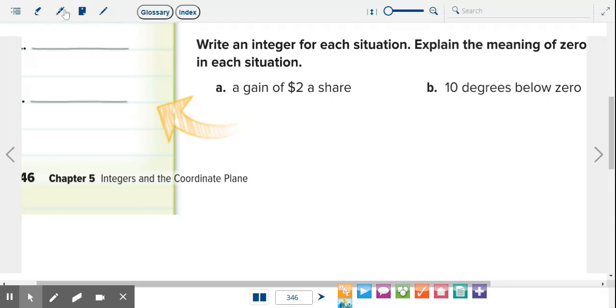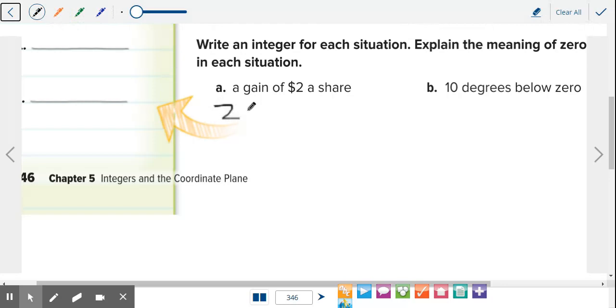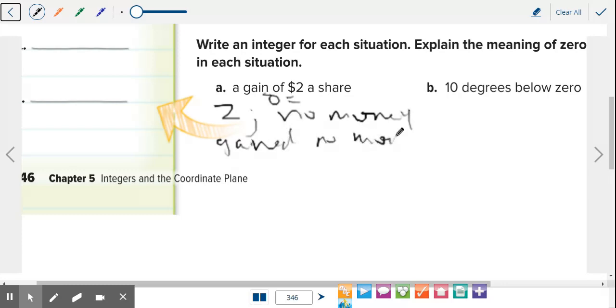So positive 2. Okay, so we put positive 2. And then what's 0 represent? Exactly. 0 equals no money gained, no money lost. Perfect.